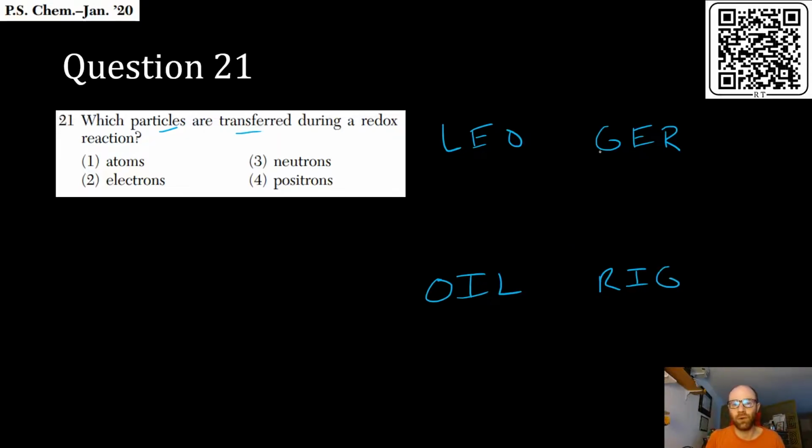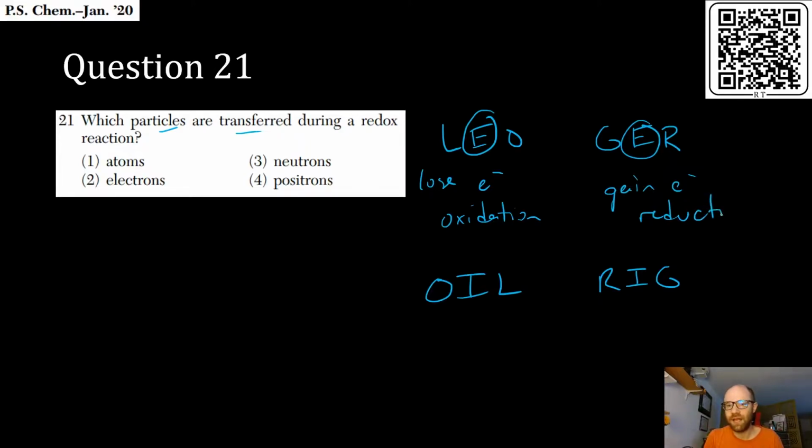And the second one's OIL RIG. I'm going to use the first one because this E here, lose electrons, is oxidation, and gain electrons is reduction. That's what they stand for. And in both cases, we're highlighting the E to say that the thing that gets transferred, gained, and lost is electrons.